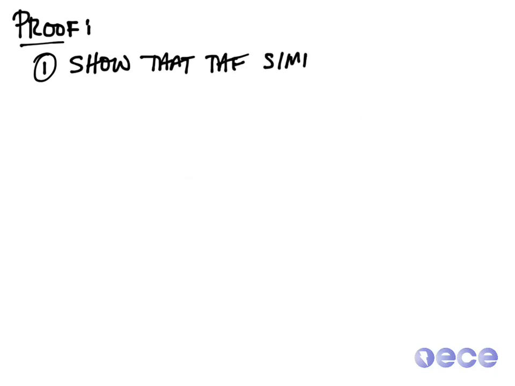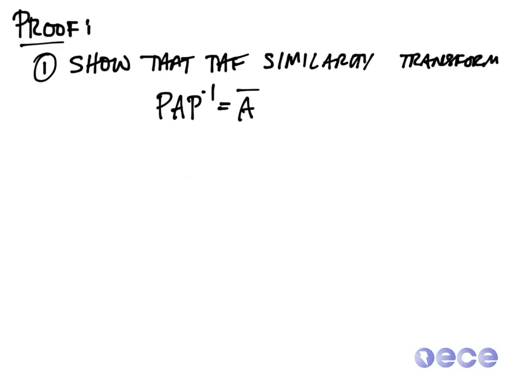First, we're going to show that the similarity transform gives us a different state for the system. We're going to use a similarity transform PAP inverse, which we're going to call A bar, and PB is equal to B bar.